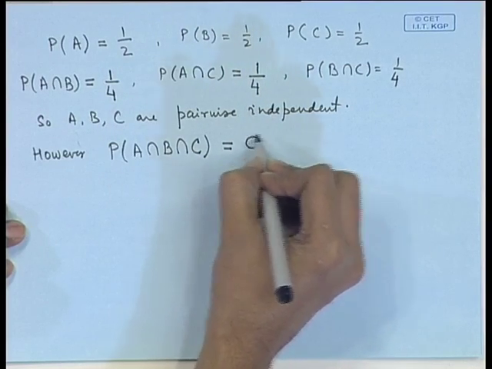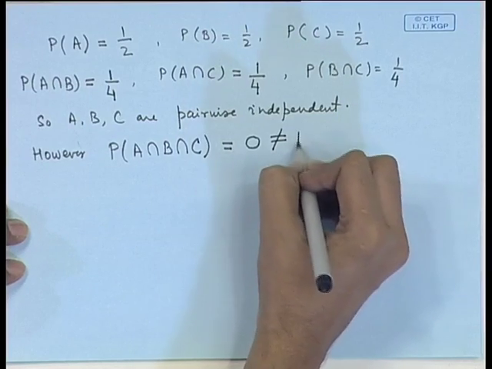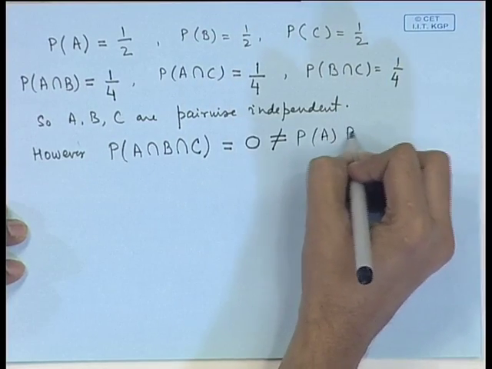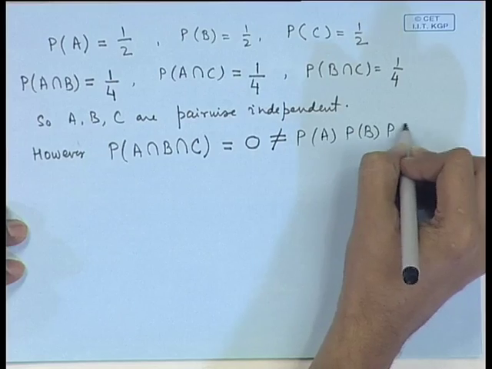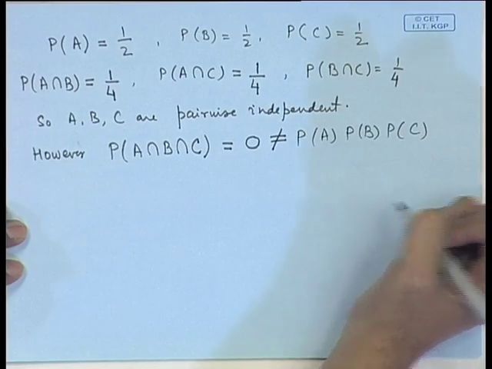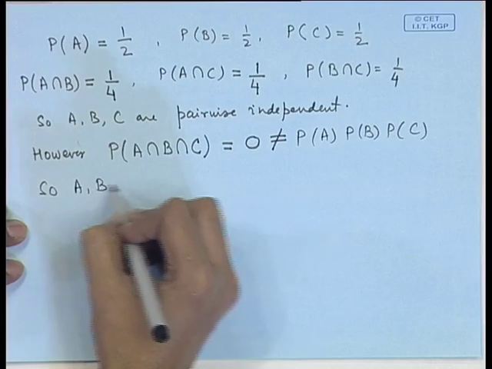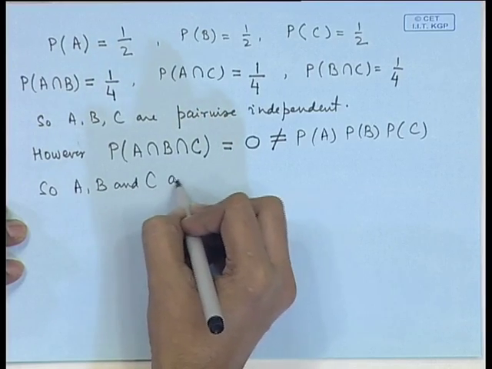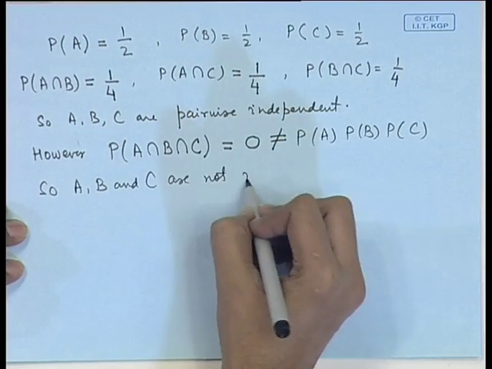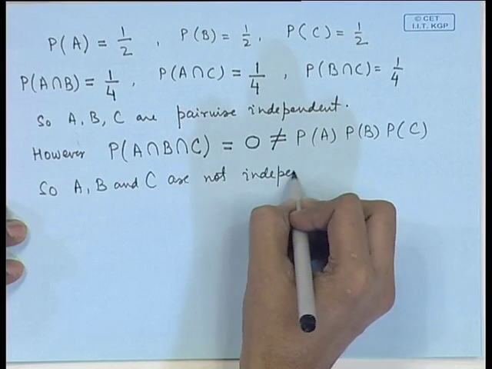Therefore, this probability is 0. Naturally, this is not equal to probability of A into probability of B into probability of C. So, A, B and C are not independent, although they are pairwise independent.